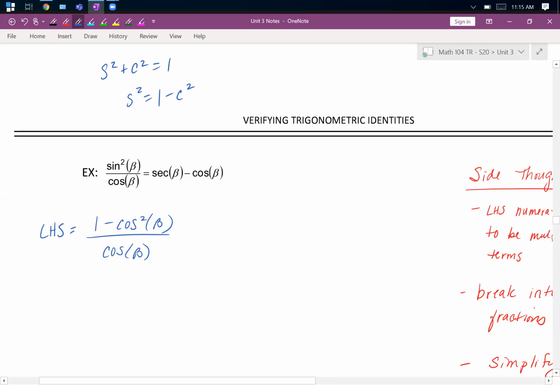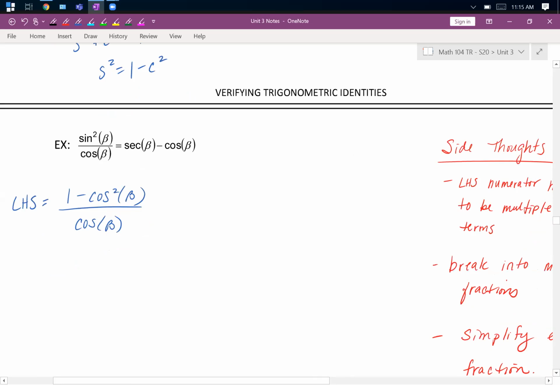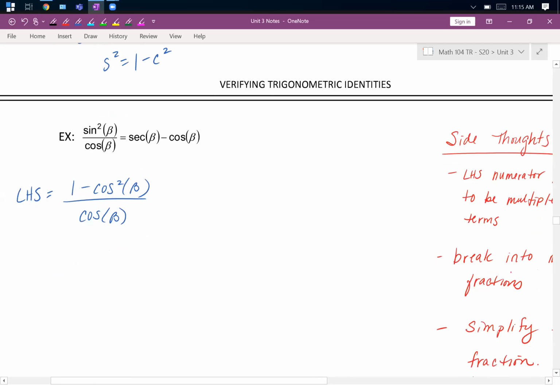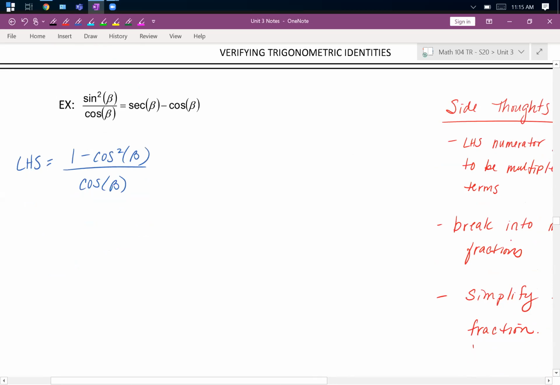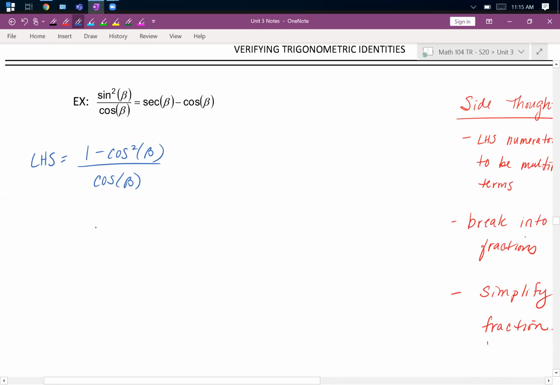Now we can break it up into multiple fractions using cosine as our denominator. And then we'll simplify each of these. And keep in mind with what we're trying to get to.